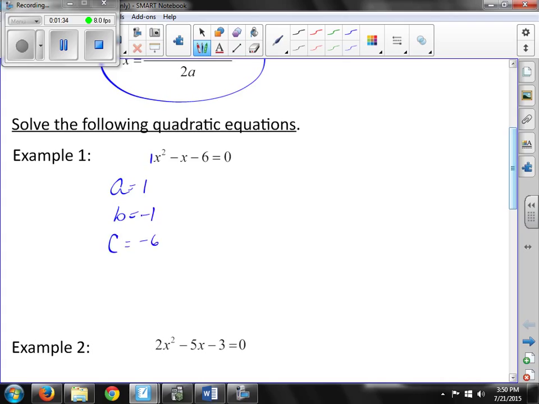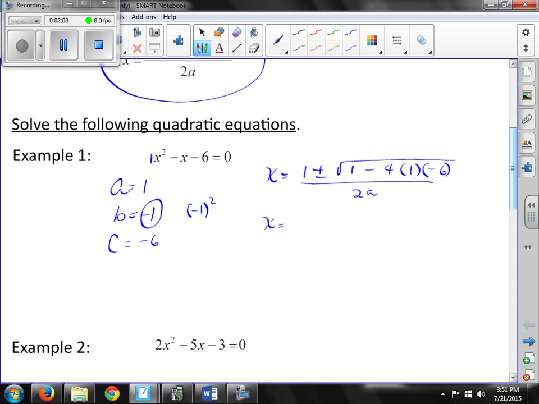So now I'm going to use my quadratic formula. x is equal to negative b, which is the opposite of b, which would be 1, plus or minus the square root of b squared. So b is negative 1, so negative 1 squared would be positive 1, minus 4 times whatever a is times whatever c is, and a is 1 and c is negative 6, all over 2a.